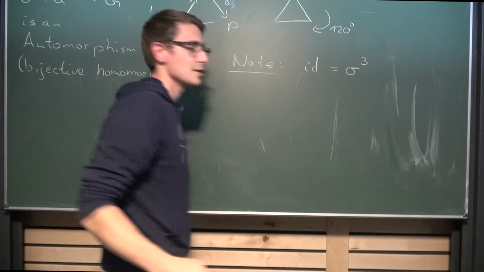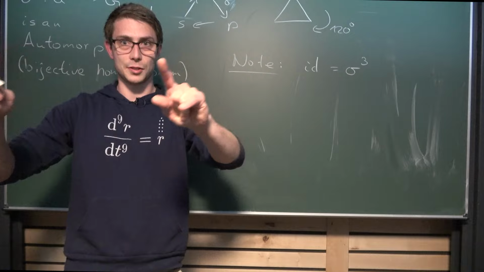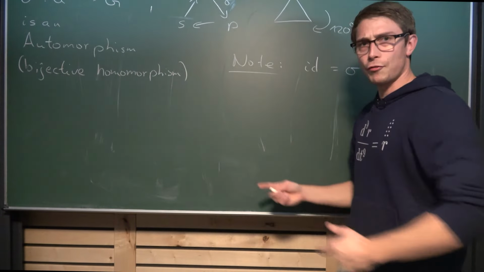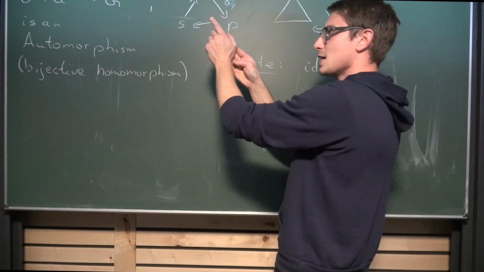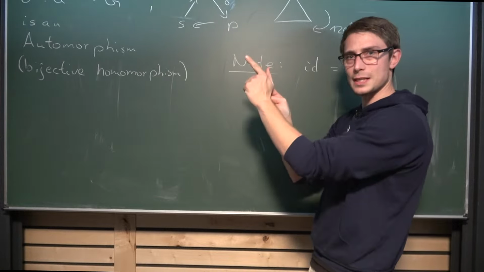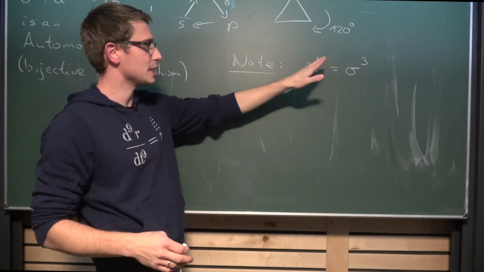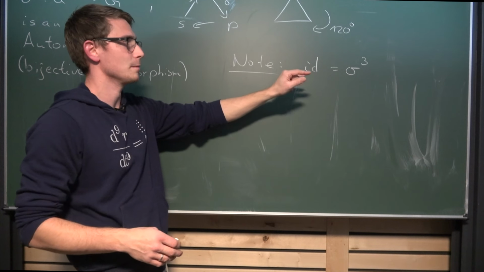So this is just sigma cubed. This right here is our identity. So in order for us to get ourselves an inverse of sigma, we need to take it into composition with something else to get ourselves back to the identity.